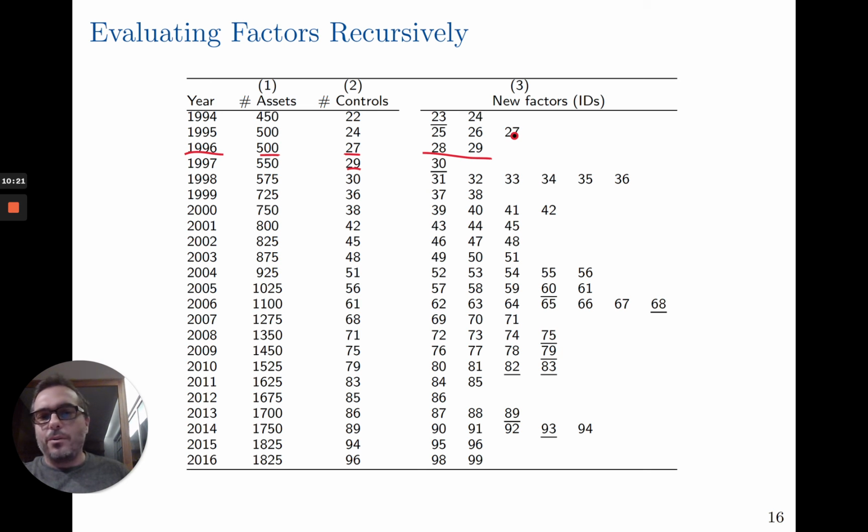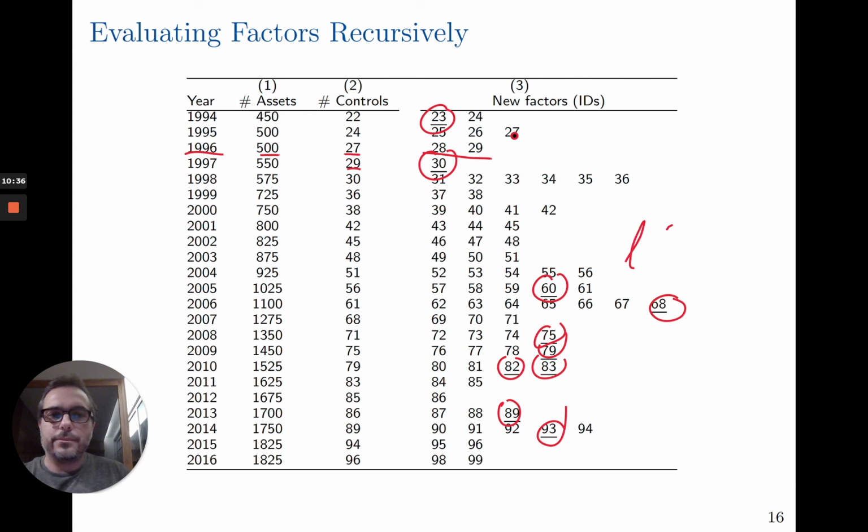So overall, if you do this in a sequential way, you only see 1, 2, 3, 4, 5, 6, 7, 8, 9, 10 relevant factors.